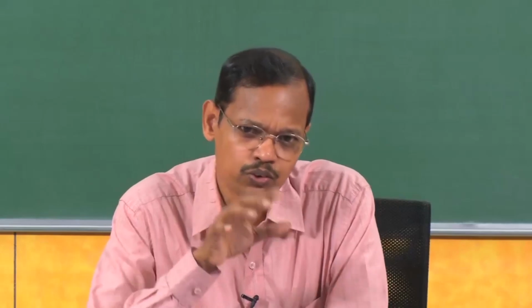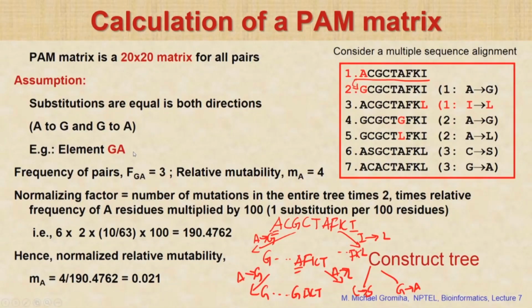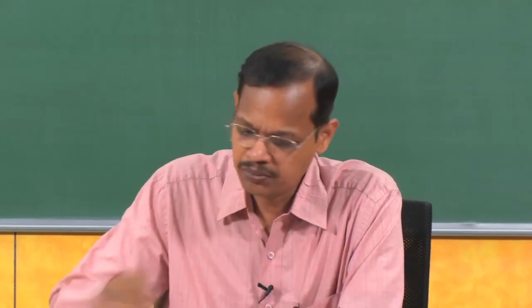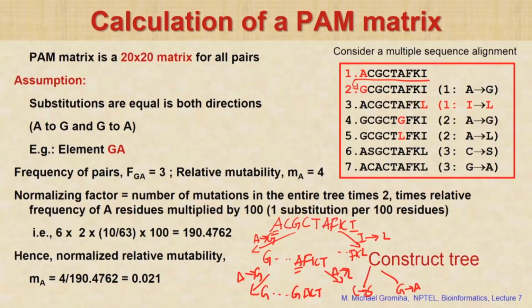From this tree and the number of substitutions, we will see the probability of a residue being mutated to another residue. For example, if you see A to G or G to A, as we discussed in the last class, we take the first sequence and the second sequence.